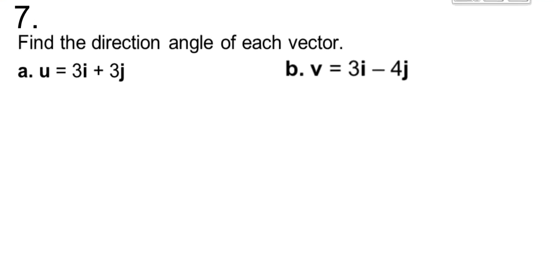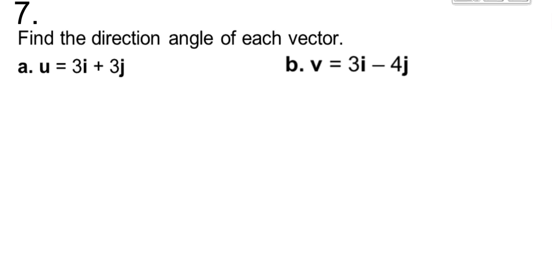Okay, so number 7, we're going to find the direction angle of each vector, and we'll do this first one together. We're doing the easy one together, and then you'll do the one that's just a little harder. Not much, though. So when you write this 7a, remember, you have to write vector u is 3i plus 3j.